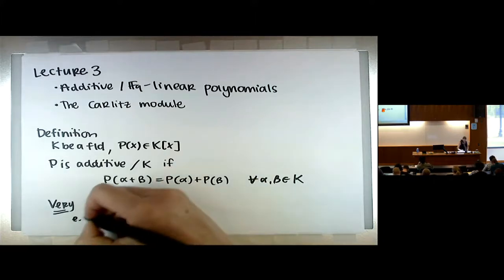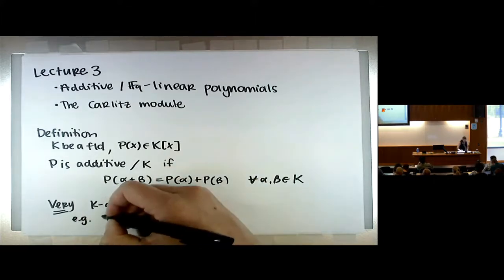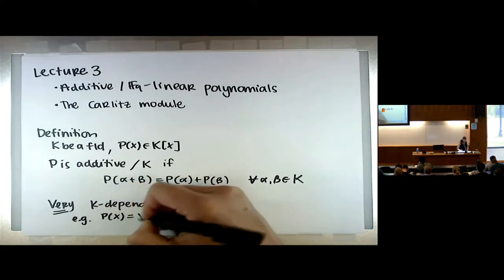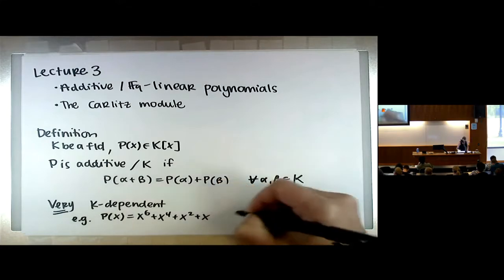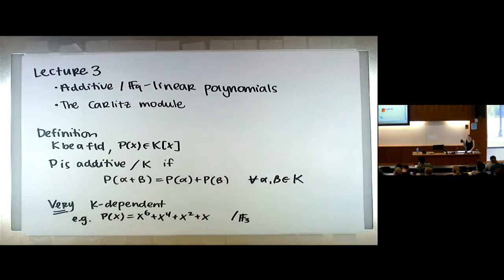As you can see with the example that I gave last time, if you played with it, okay, this is additive over F3, but it's almost like a coincidence, if you go to F9 or any other field of characteristic 3, that wouldn't be the case anymore.